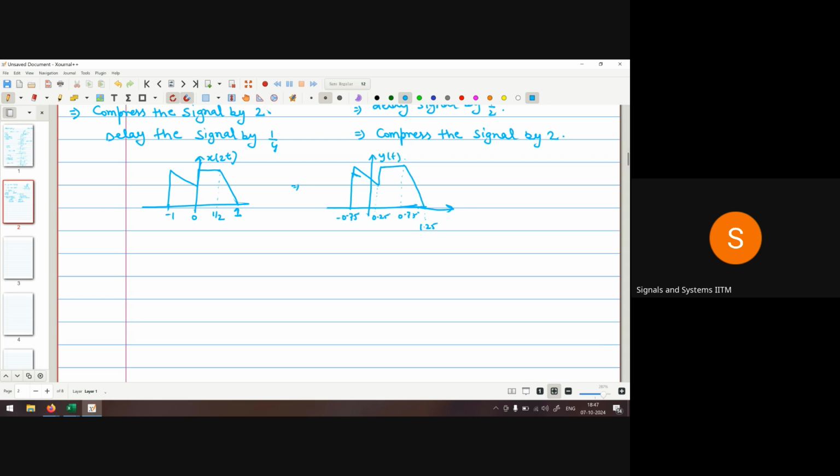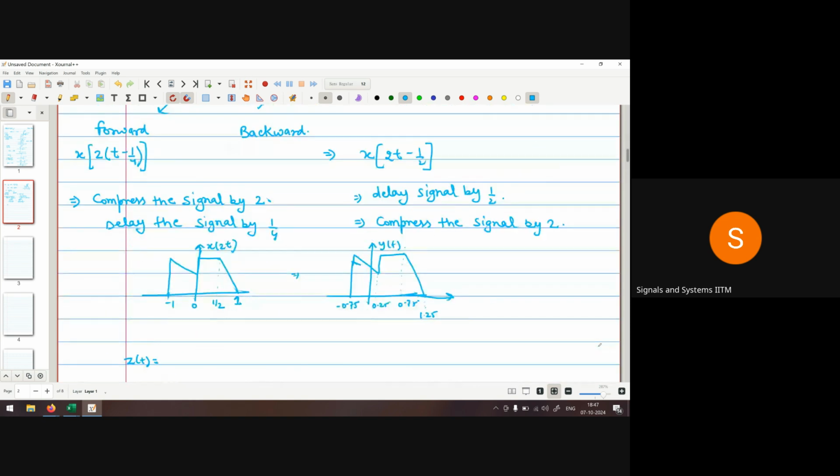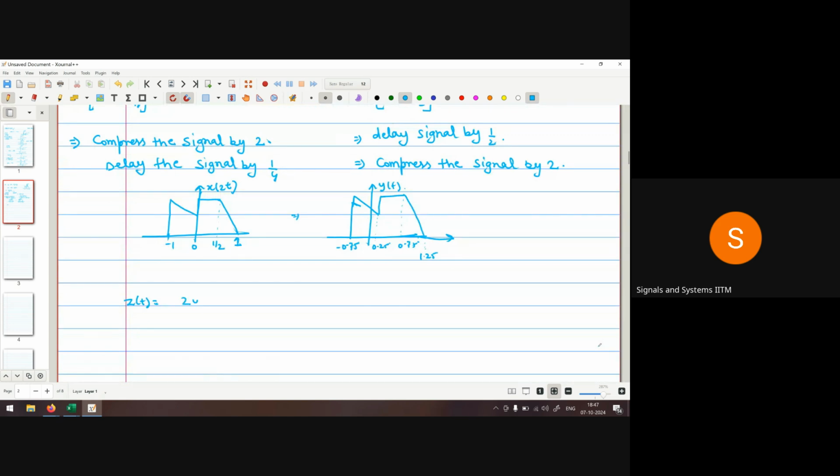This is y of t. Now we have to calculate z of t. z of t is 2 times y of t plus 1.